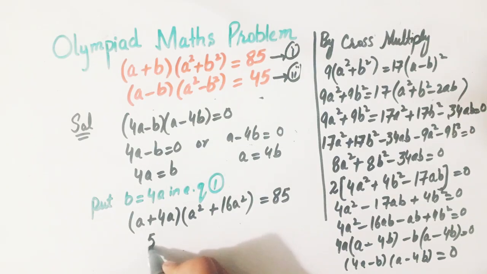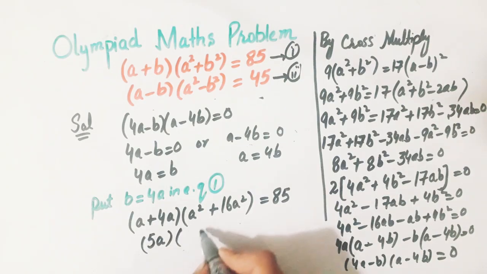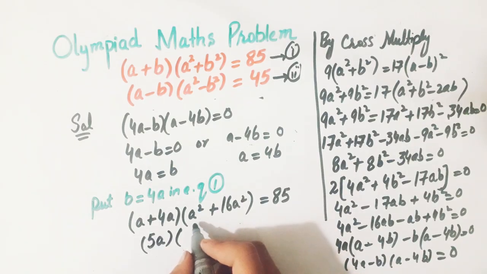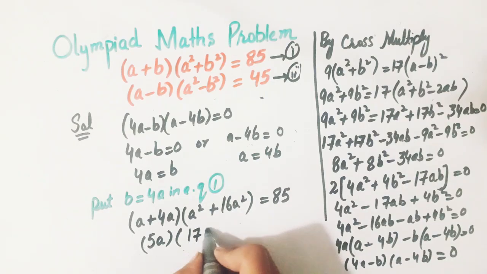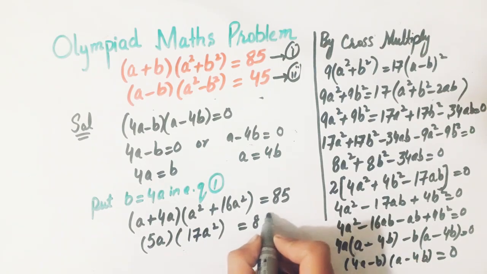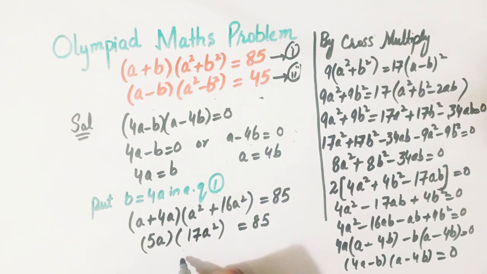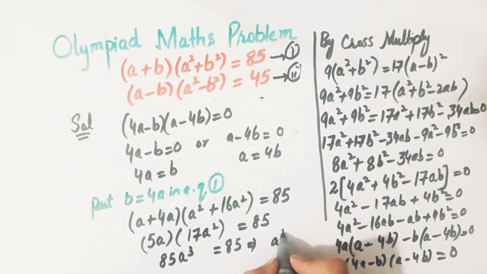So we get 5a into 17a square equals 85. Since 17 fives are 85, a cube equals 1. So a equals 1. This is the value of a.